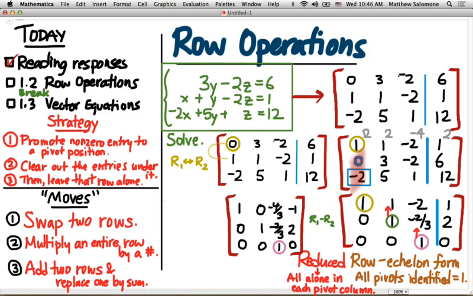I've got to add 2/3 of the third row into the second row to clear out the negative 2/3, and then add 4/3 of the third row to the first row to clear out the negative 4/3. That's going to give me a 0 in both of these entries. But notice the entries on the far right, to the right of my dividing line, aren't going to change because I'm just adding multiples of 0 to them.